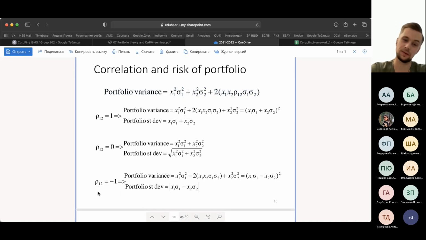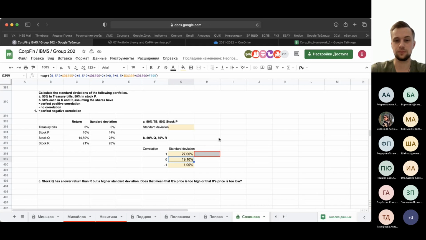Okay, let's look at the example. For example, if the correlation is perfect negative, so -1, let's look at how we can calculate it.